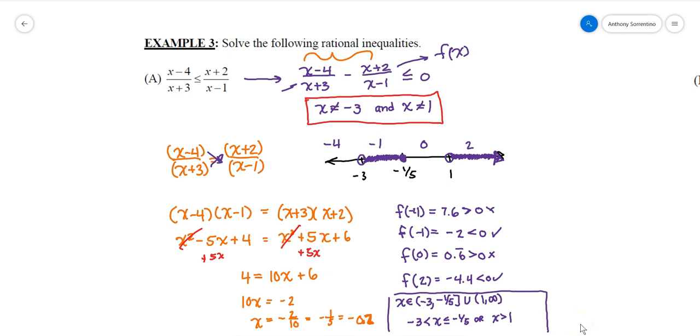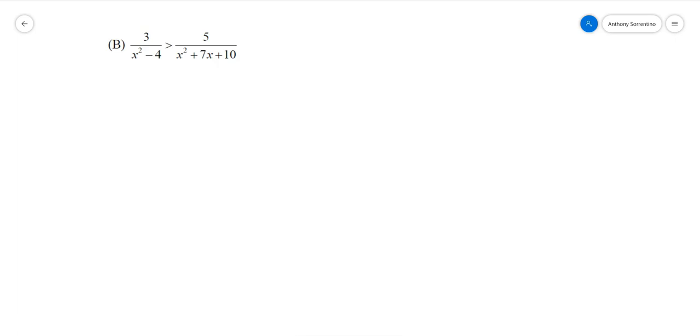Let's look at another one. Let's look at part B. For part B, again, I want to have an inequality that's set to 0. It's not going to be the one I do most of the math on as far as manipulation to solve the inequality. But it is going to be one that I use to determine positive versus negative.